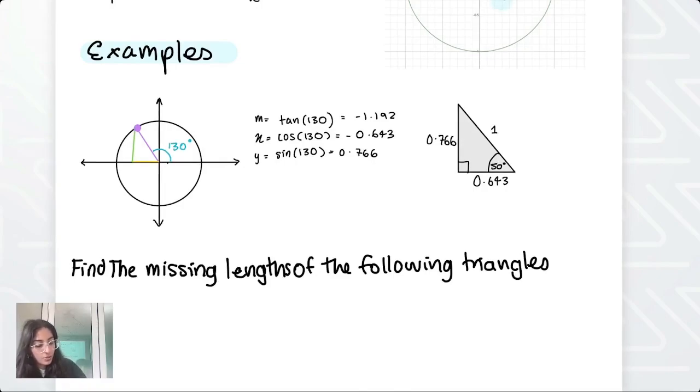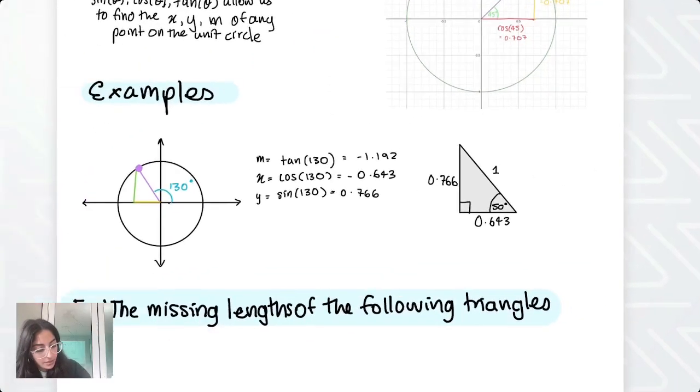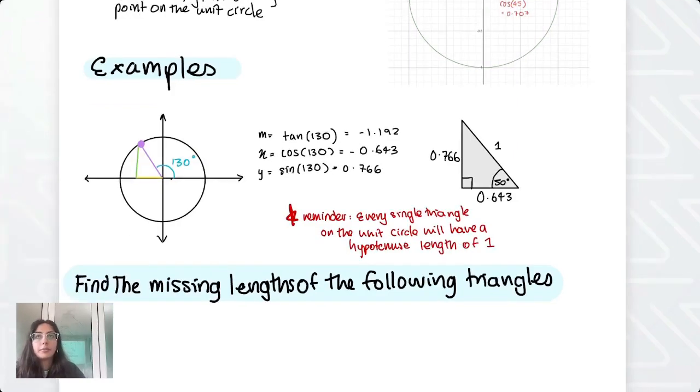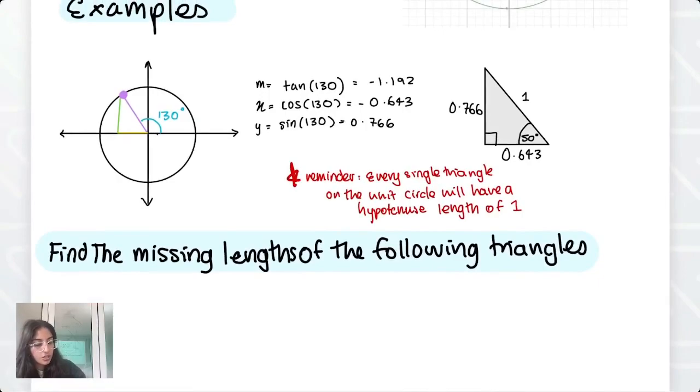And I will write a quick reminder. Every single triangle on the unit circle will have a hypotenuse length of 1. Alrighty? So let's go ahead and give you some questions and we'll call it a day.